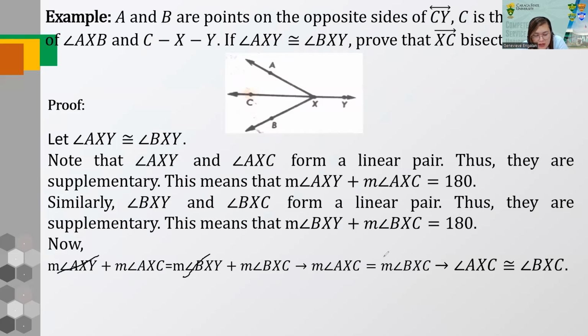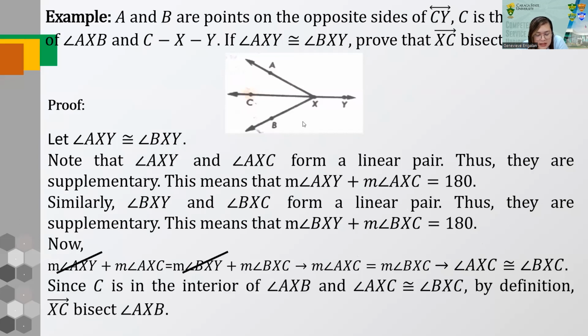So, pasabot, kay equal man sila, they are congruent. So, congruent man sila by definition of an angle bisector, we can say nga si XC bisects, since C is in the interior of angle AXB and angle AXC is congruent to BXC, by definition, XC bisects angle AXB.